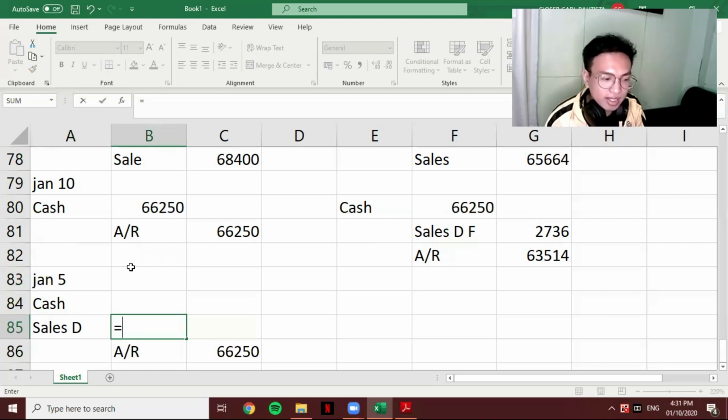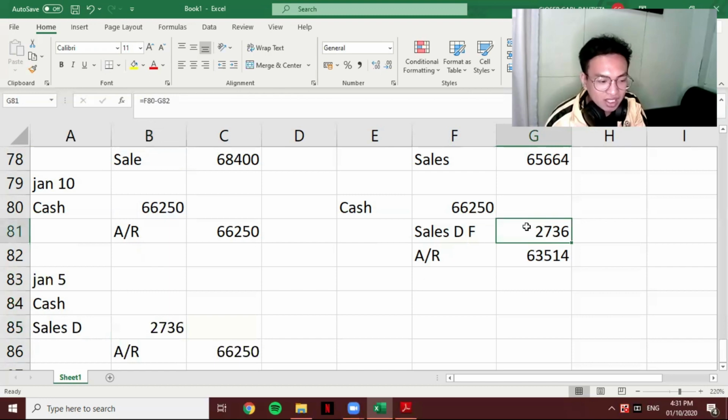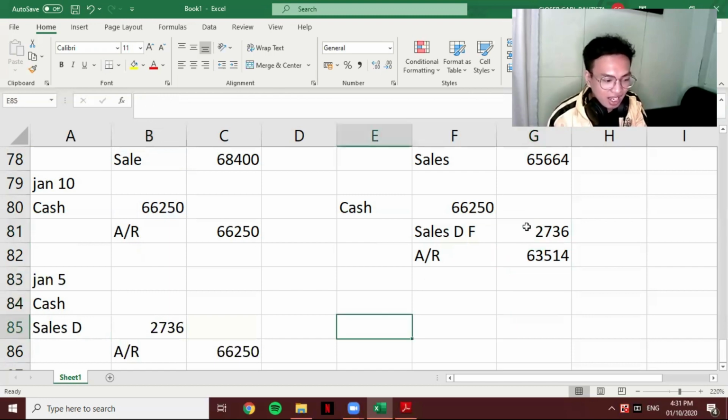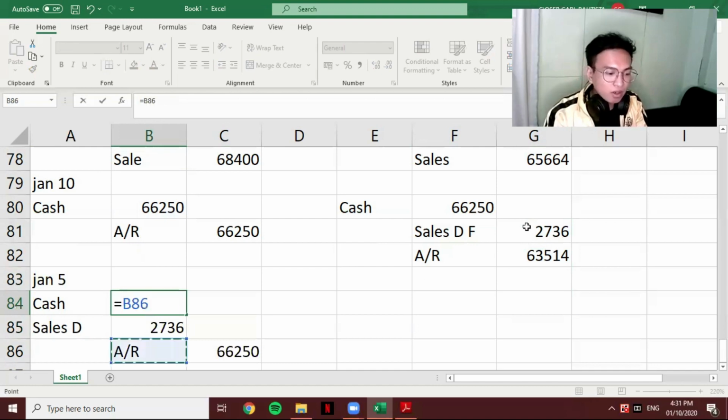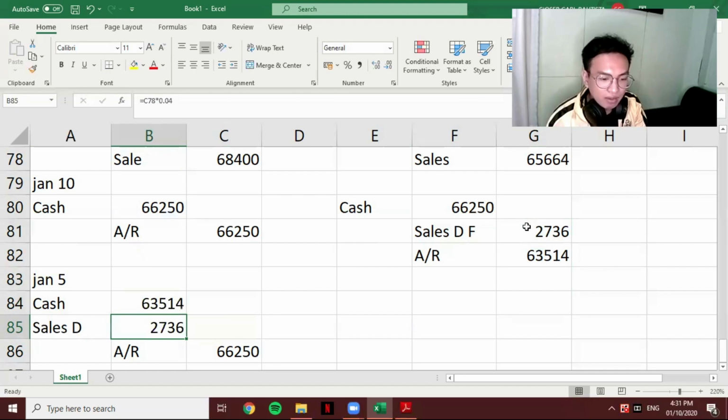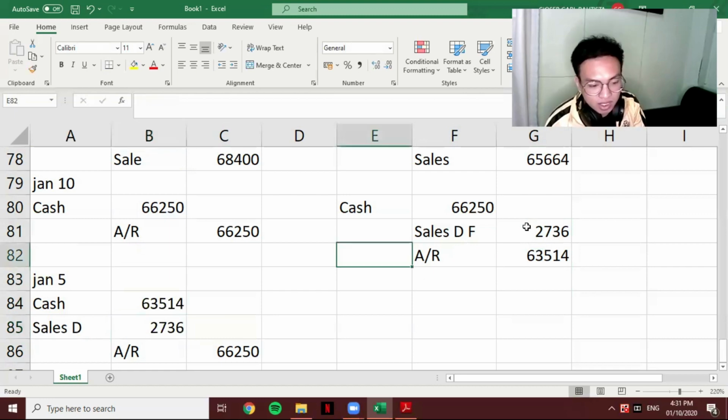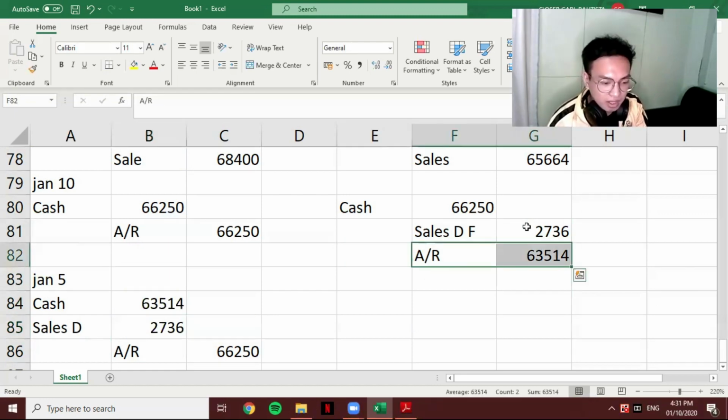Do not use 66,250 because your sale is 68,400. There you multiply 0.04, which is, diba magic, 2,736 ang ating sales discount. So our cash to be collected from our customer will only be 63,514, which is supposedly your AR in the net method.